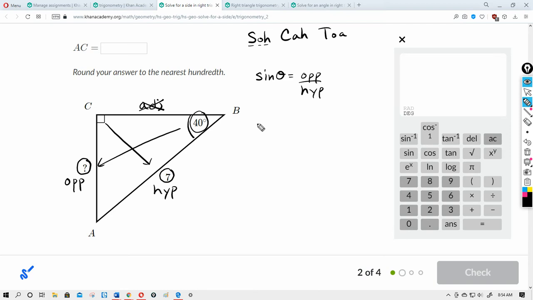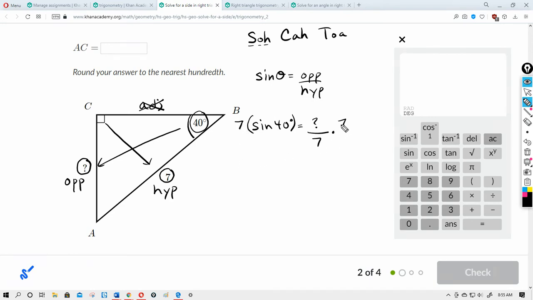So we're going to write the sine of 40 degrees equals opposite, which is the question mark, divided by hypotenuse, which is 7. You multiply both sides by 7. I put parentheses around the sine of 40 because that's all one number, and multiply that by 7.